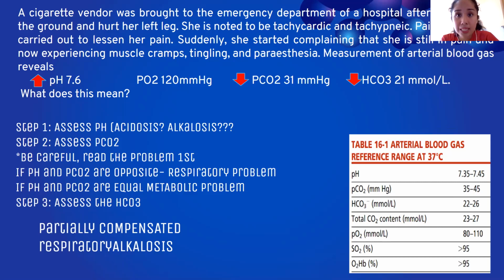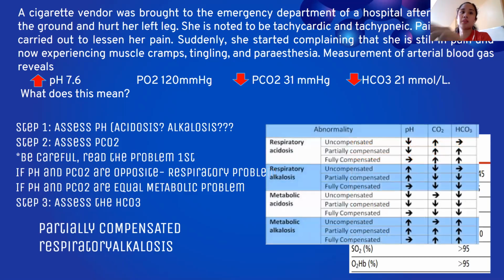But if the pH is close to 7.45, then class, it's fully compensated. So partially compensated respiratory alkalosis. Yan. So your pH is going up, pataas. Tapos, PCO2, mababa. Tapos, your bicarbonate is also low. Okay.